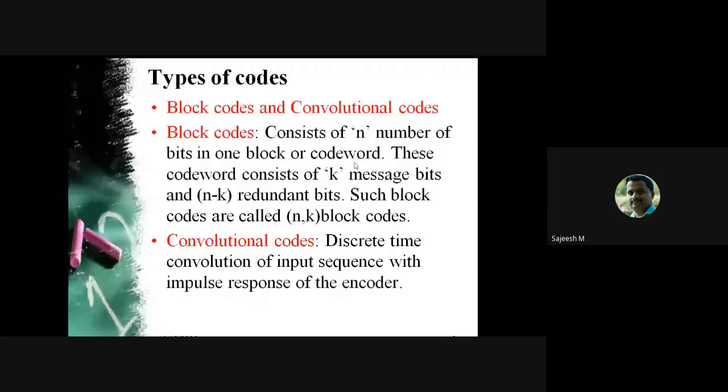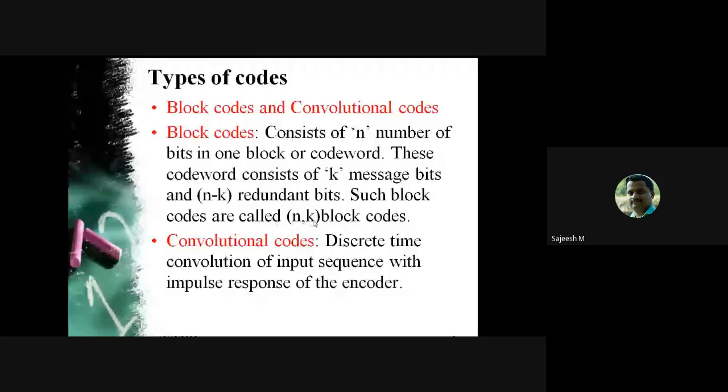This is the general structure we represent with small letters n and k. An (n, k) block code means k message bits are taken, and corresponding to those k message bits, we generate an n bit code word. It will be of different types, we will see later.